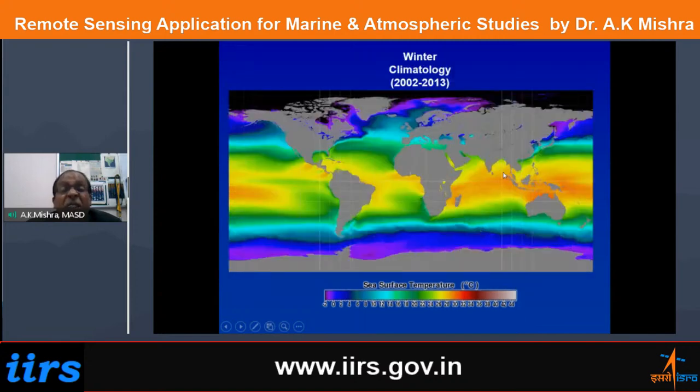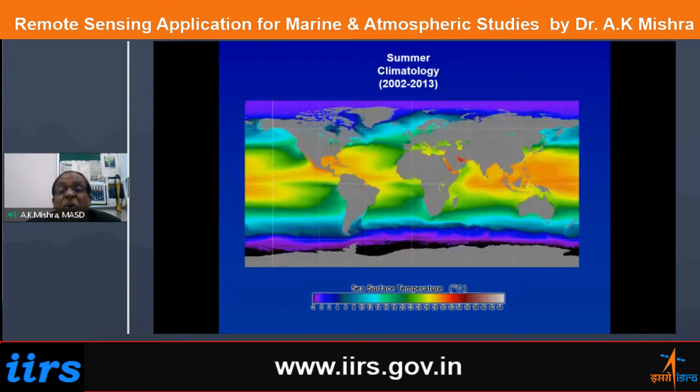So this is the winter climatology when the sun is in the southern hemisphere, and you have low temperature in the Arabian Sea, and as you are moving to summer, the temperature in the Arabian Sea is increasing, and the low temperature in the southern hemisphere is becoming more.